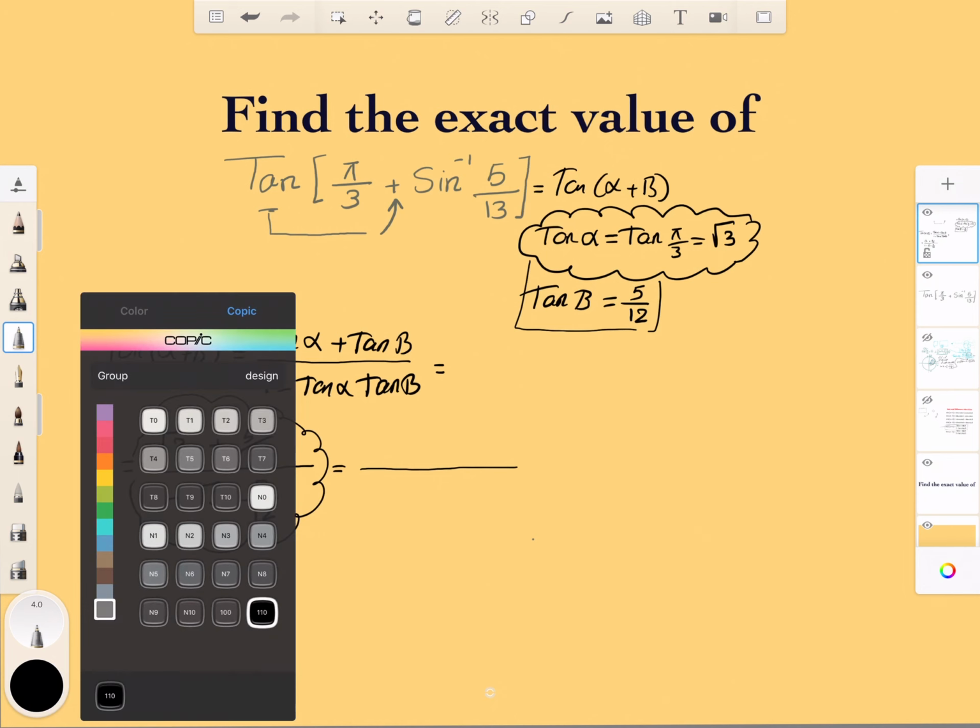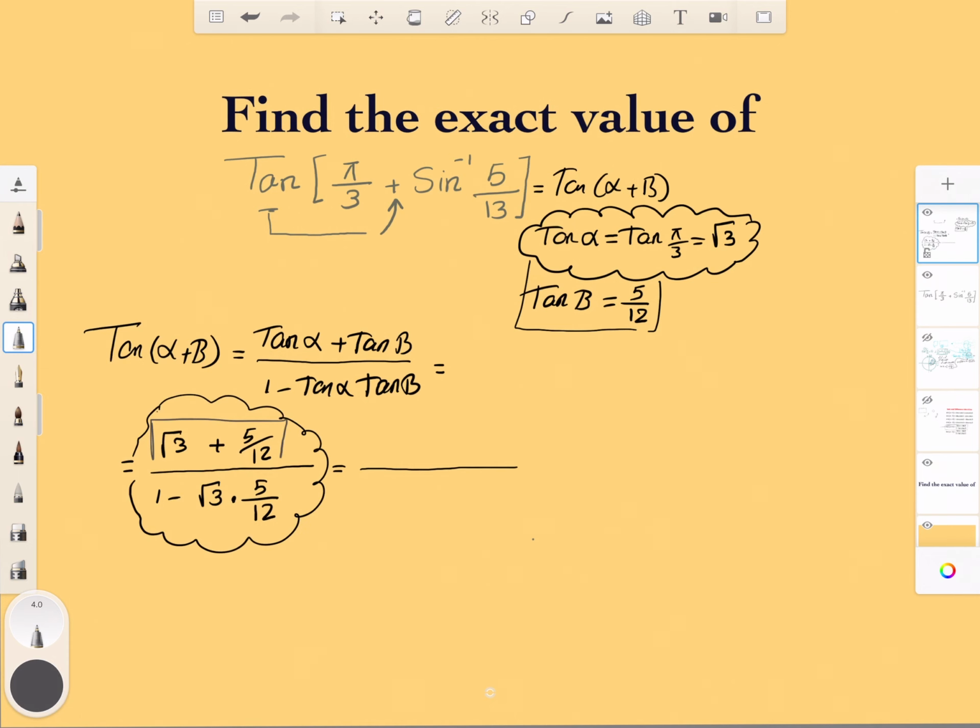So I'm going to simplify the top here. The common denominator will be 12. We're going to have 12 root 3 over 12 plus 5 over 12. This gives us 12 root 3 plus 5 over 12.